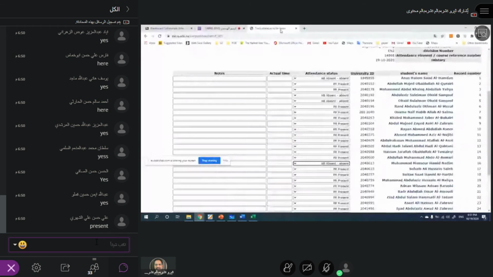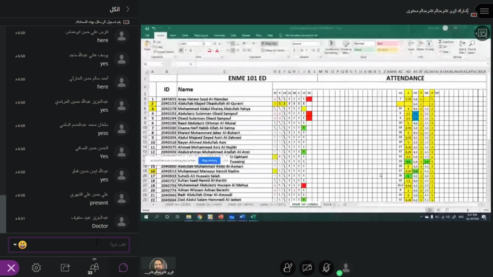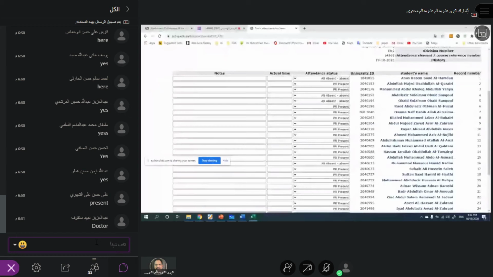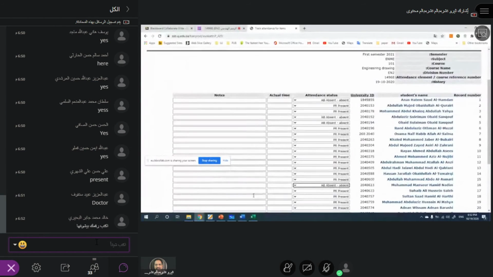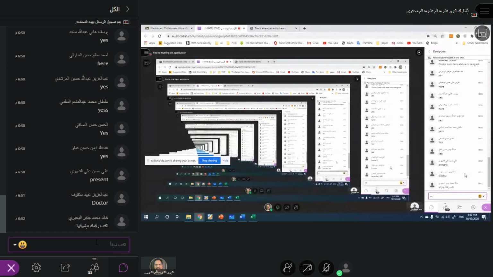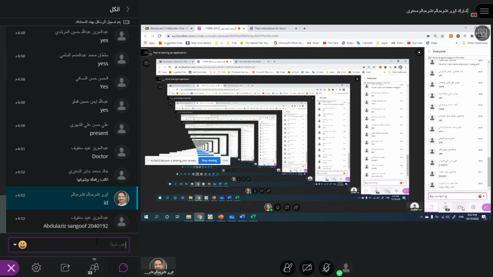Right. The other one is Muhammad Mansoor, 0613. These are the four absentees today. Let's see if some people are present. Message the number, please. Abdulaziz Sankuf 192.